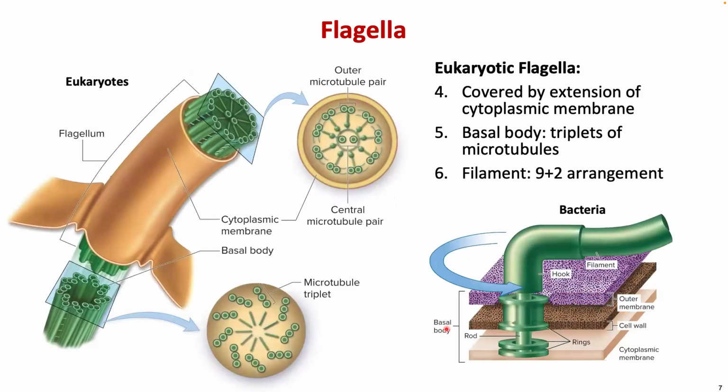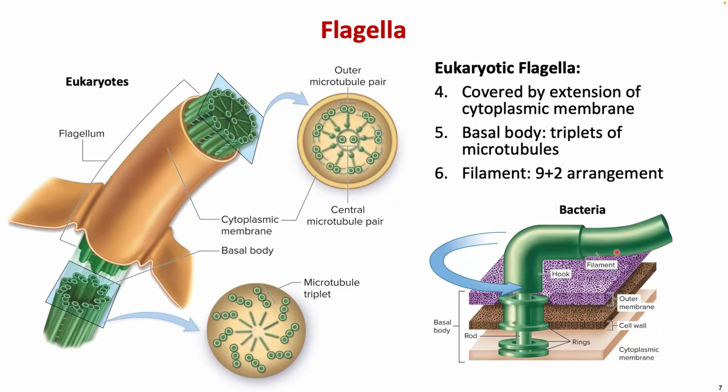So now let's zoom in on the flagella itself. It's covered by extensions of the cytoplasmic membrane, and then it has a basal body, which is triplets of tubes. Basically, the basal body is hooked into the cell membrane, and then it has an outside part, which is basically a hook and also a filament, as you can see from here.